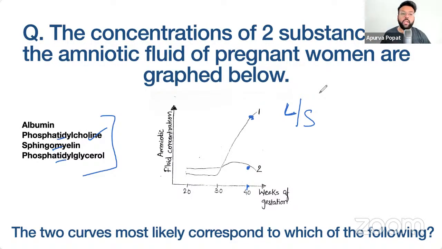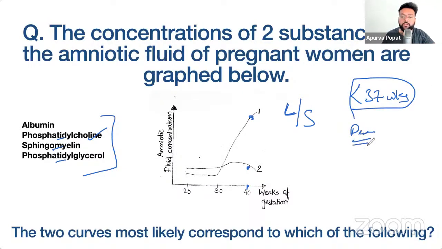How can you force your lungs to produce more lecithin or phosphatidylcholine? Any drugs you can give to the baby if the baby is premature, let's say 37 weeks? Steroids. Dexamethasone is the drug of choice, which can force type 2 pneumocytes to produce more surfactant.